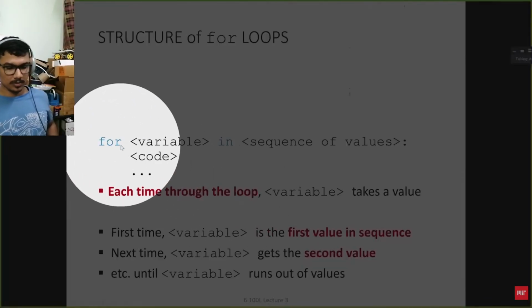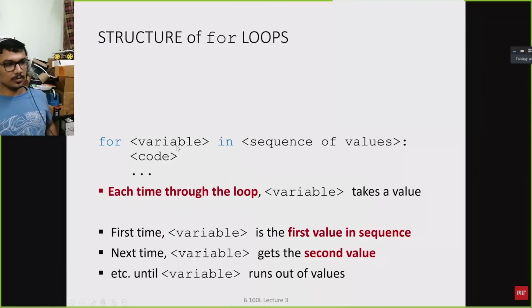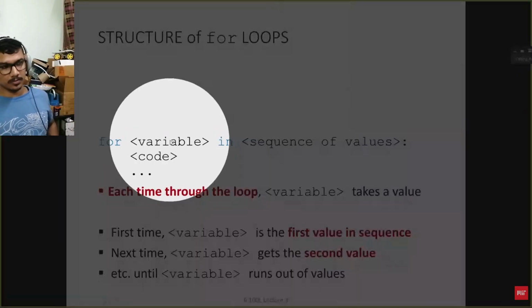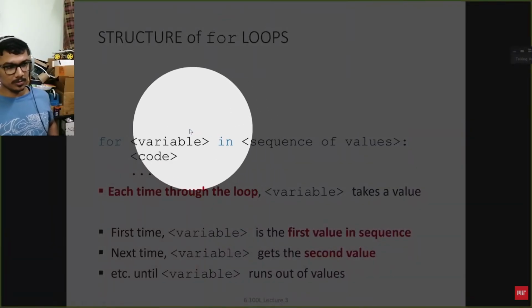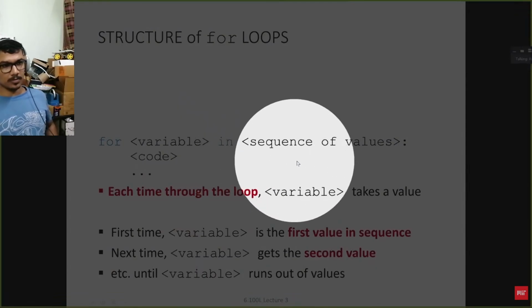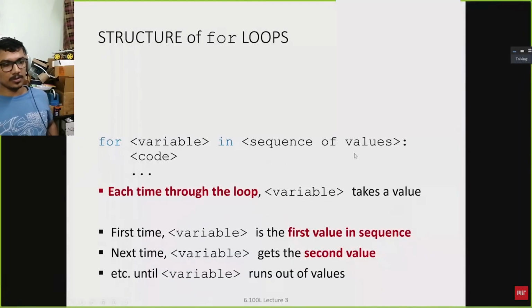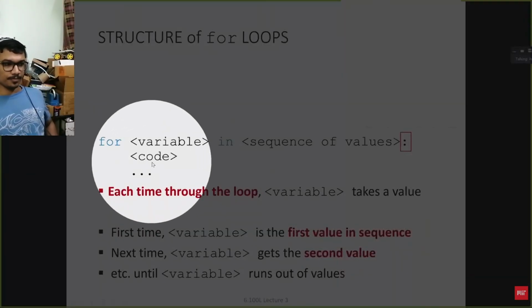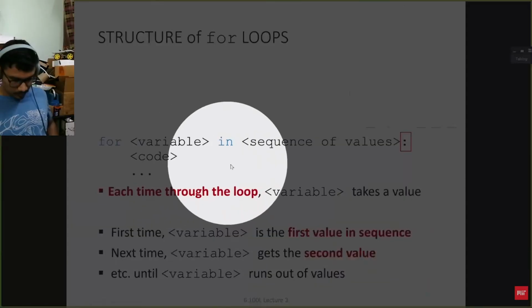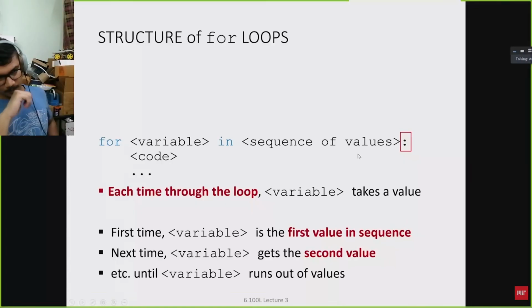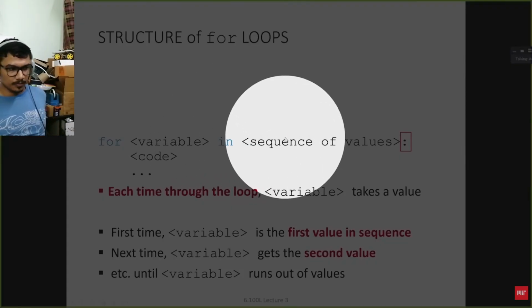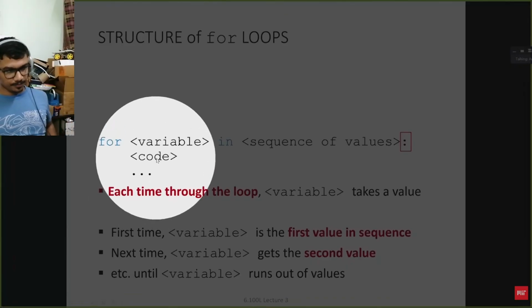It starts with a for keyword, then a variable that you get to name whatever you'd like. The keyword in tells Python, I'm going to make this variable take on values in this sequence. And again, we have a colon that tells Python we're going to start a code indentation here.